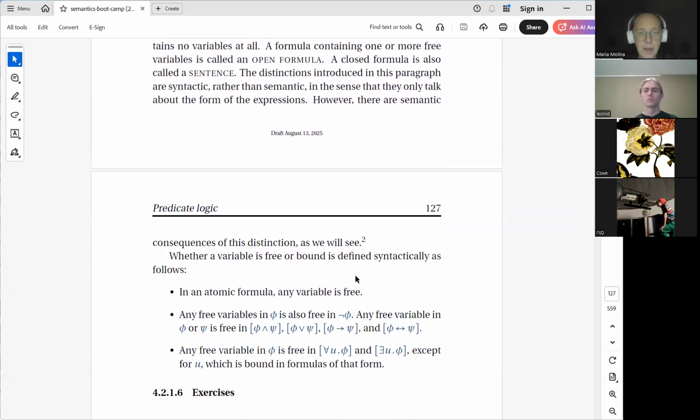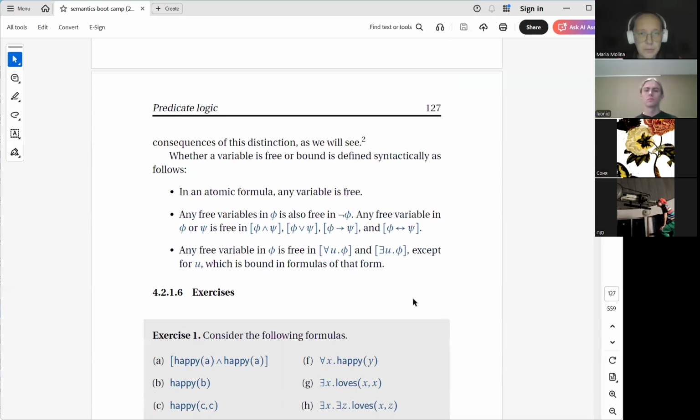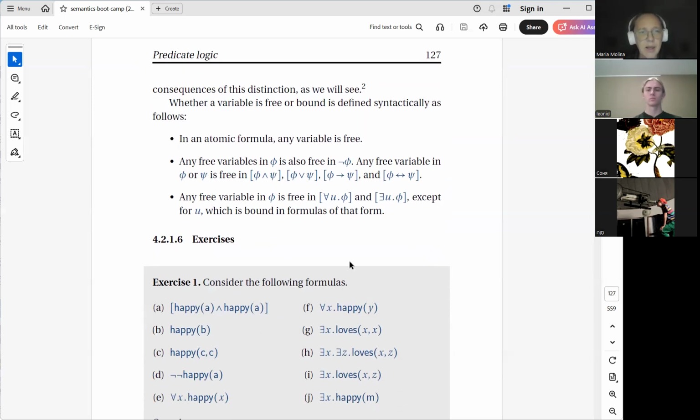In an atomic formula, any variable is free, not bound by quantifiers. And free variables in a formula are also free in the negated formula, and when other operators are applied.